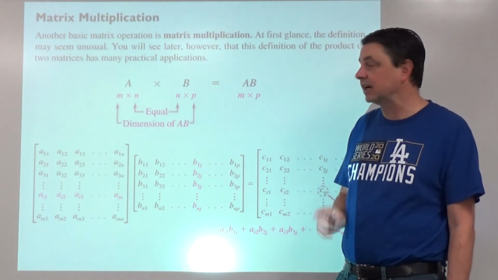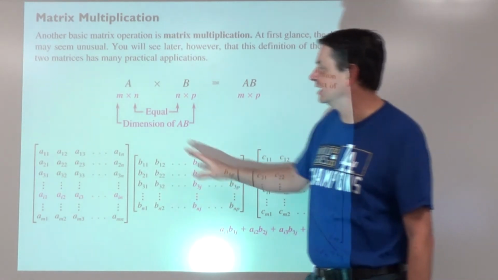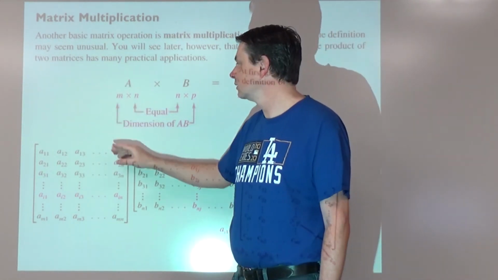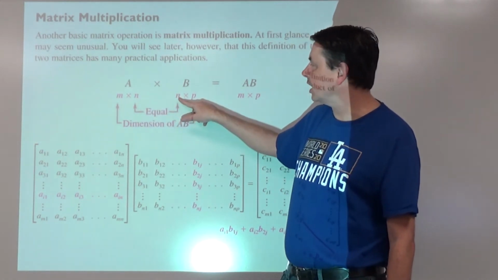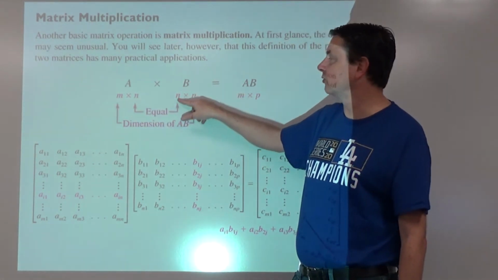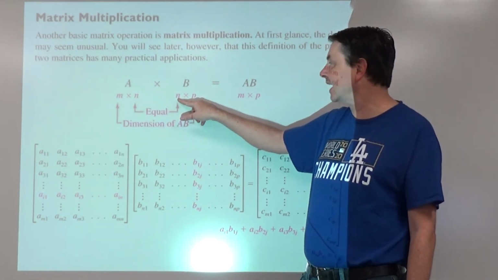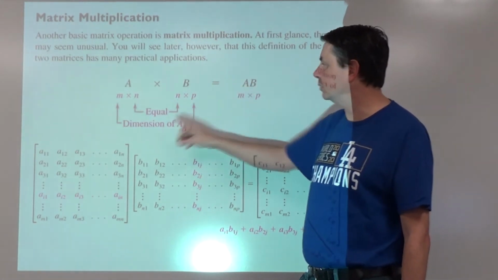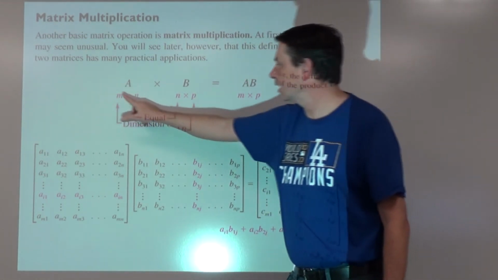In fact, some of the times, if they are the same order, you can't multiply them. What has to happen is, in the first matrix, the number of columns has to match up and be the same as the number of rows in the second matrix.